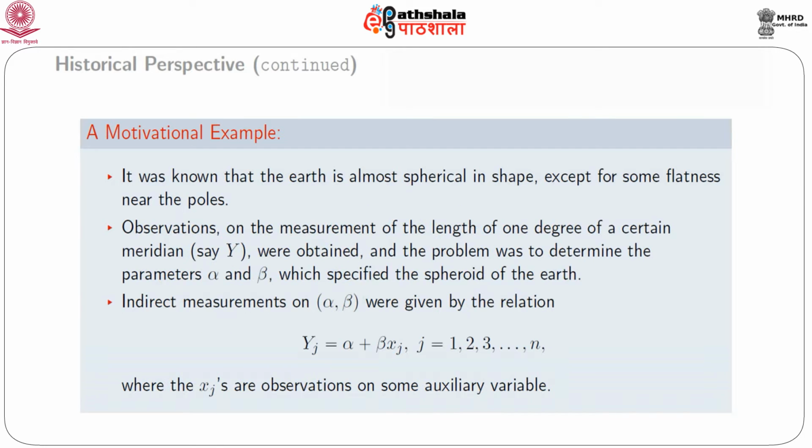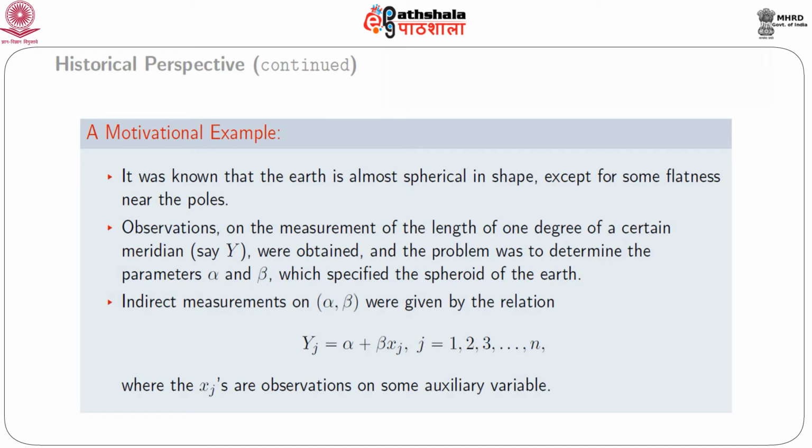It was known that the earth is almost spherical in shape except for some flatness near the poles. Observations on the measurement of the length of 1 degree of a certain meridian, say capital Y, were obtained, and the problem was to determine the parameters alpha and beta which specified the spheroid of the earth.